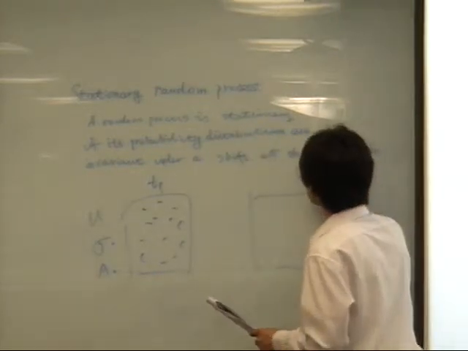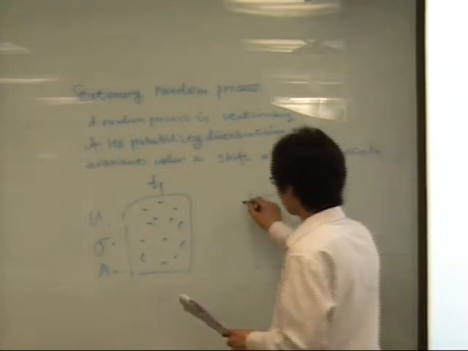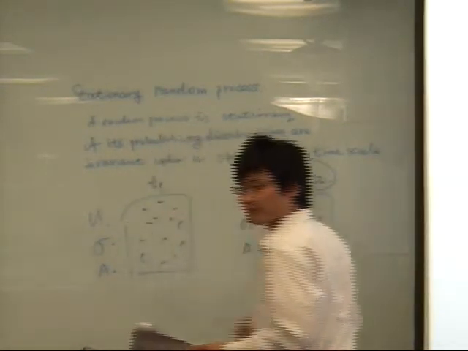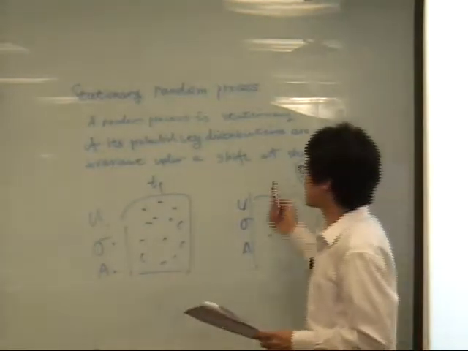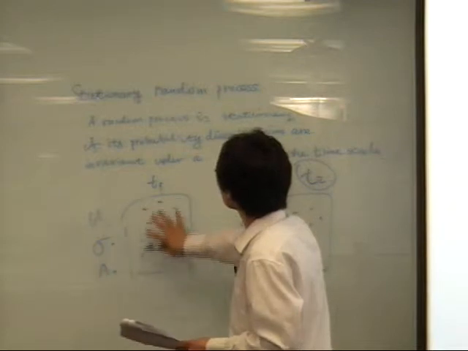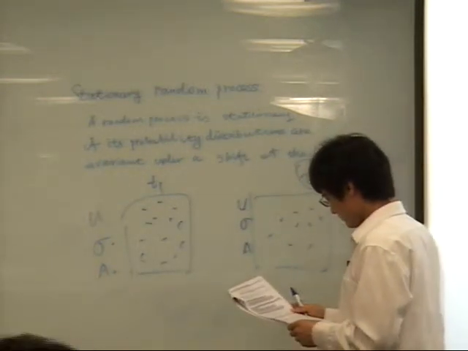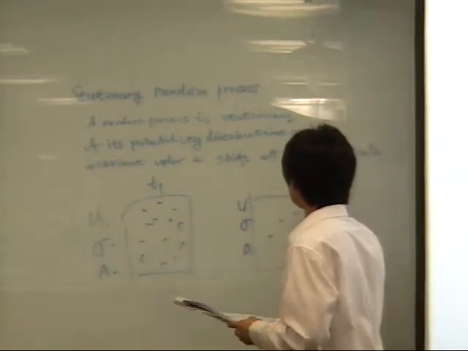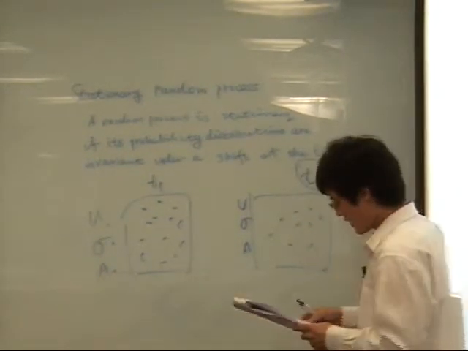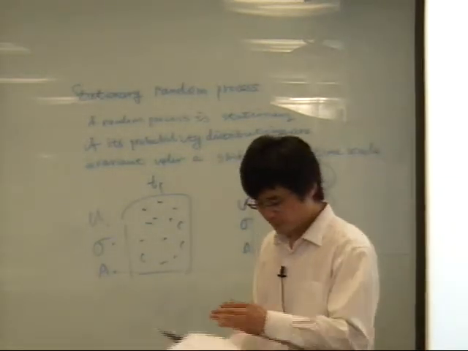At a later time, I have other measurements. I still can do these things. Those are the same. This is called a stationary random process, because this itself is a random process, but from here to here, the time scale does not matter. It means a stationary random process.